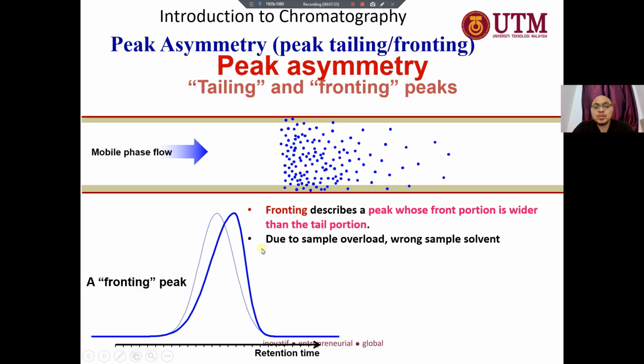Most of it is due to sample overload or the wrong sample solvent. To overcome sample overload, you can reduce the concentration, or you can reduce the volume of injection.